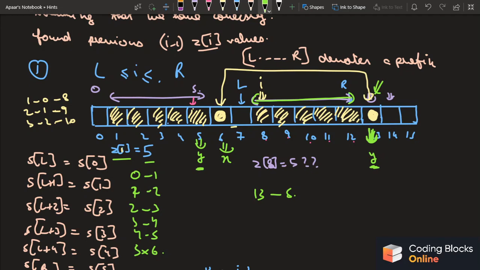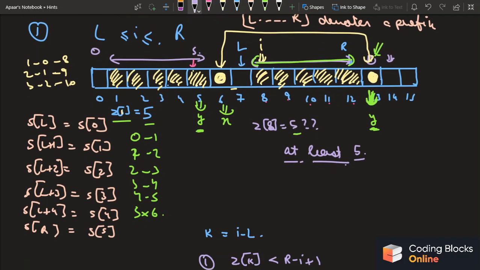So if this 13 matches with 5, then z of 8 will not be equal to 5, then z of 8 will be equal to 6. Think about it, right? Basically z of 8 can be equal to 5, which means I can say that it is at least 5, but of course it can be 6.